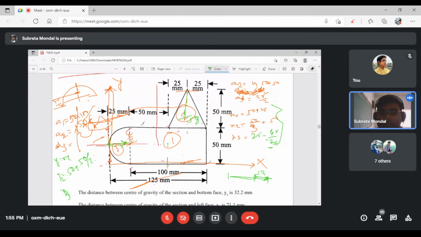And for this, y3 is simply 50 by 2, that is 25.